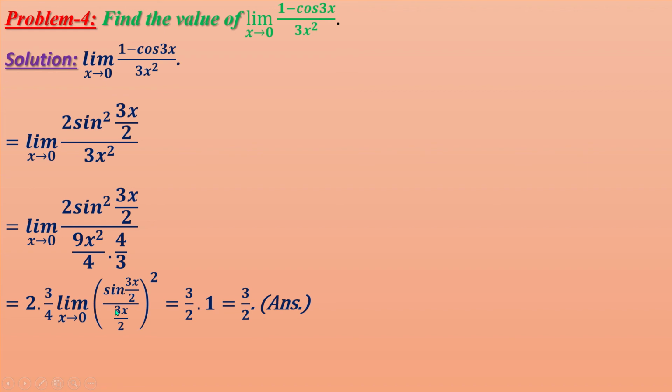We can write it two times or directly write this equal to 1, because we know the relation limit x tends to 0 of sin x by x equals 1. Also 3x by 2 tends to 0 means x tends to 0. This equals the required answer.